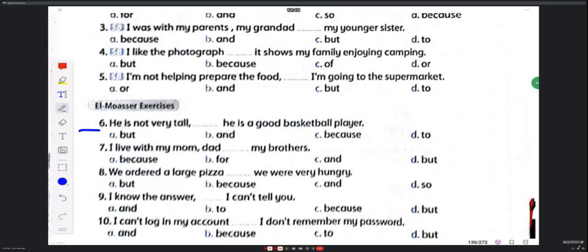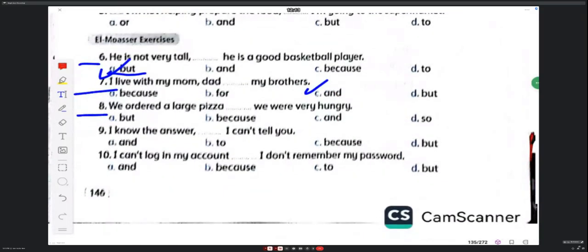He is very tall is not very clear. He's not very tall, but he's a good basketball player. I live with my mom, dad, and my brothers. We ordered a large pizza because we were very hungry.